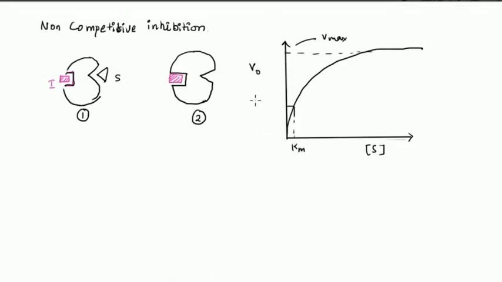But when the inhibitor is present, what happens? The Vmax reduces. The Vmax reduces.